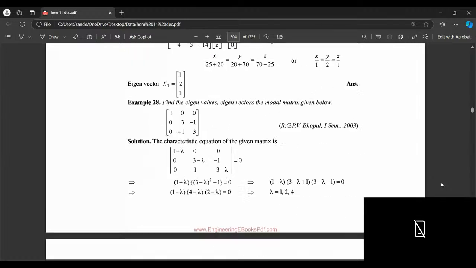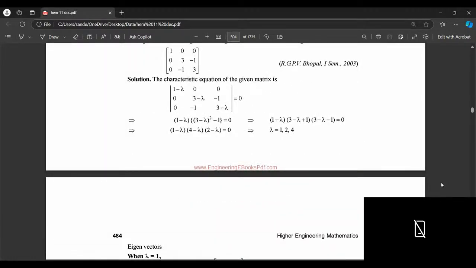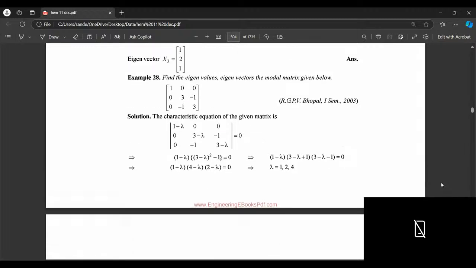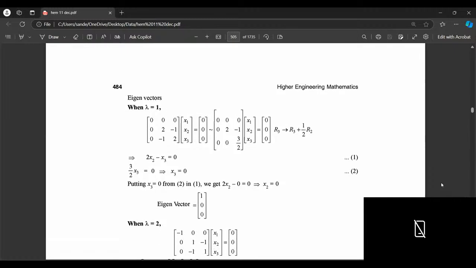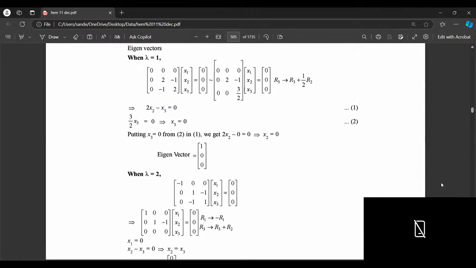Again here, 1, 2, 4, symmetric matrix is given. Characteristic equation, determinant of A minus lambda I. Cramer's rule is used.